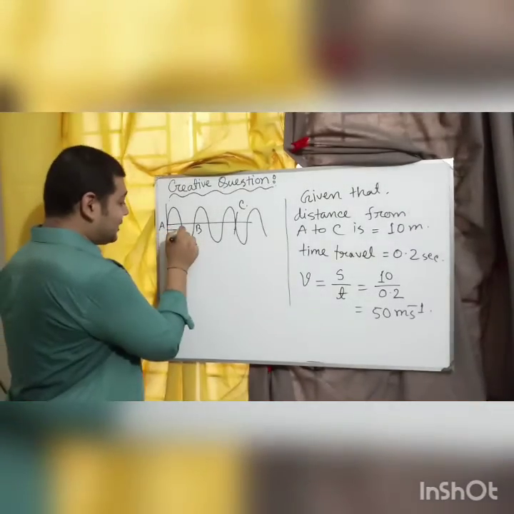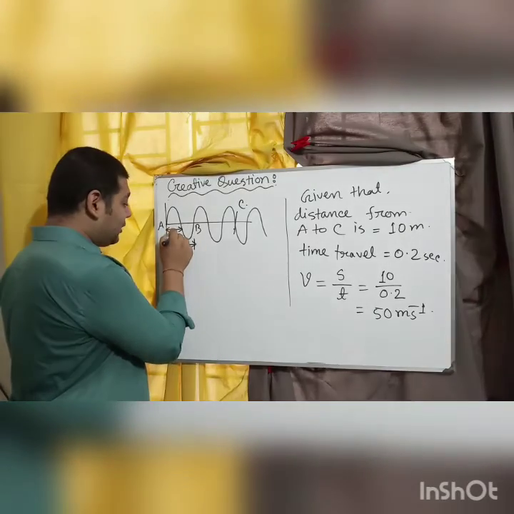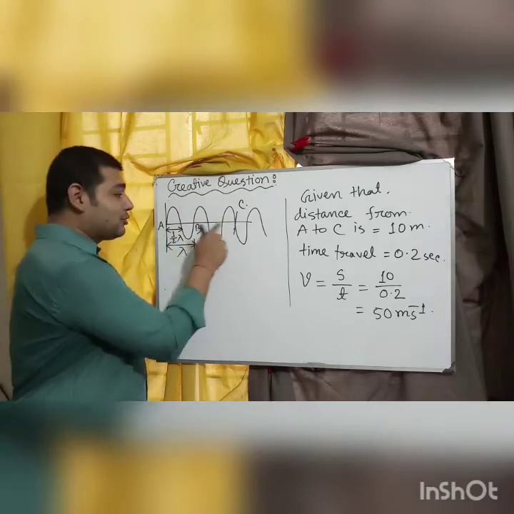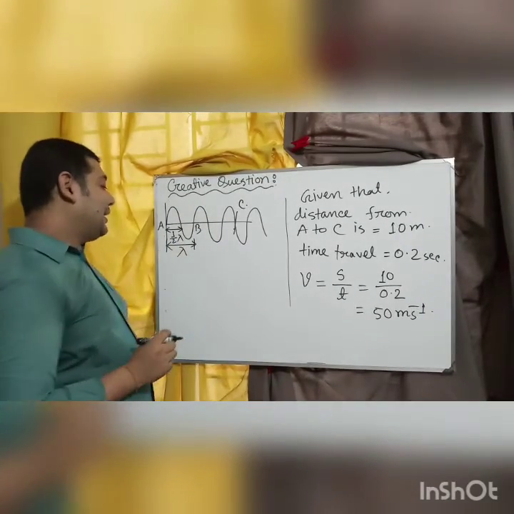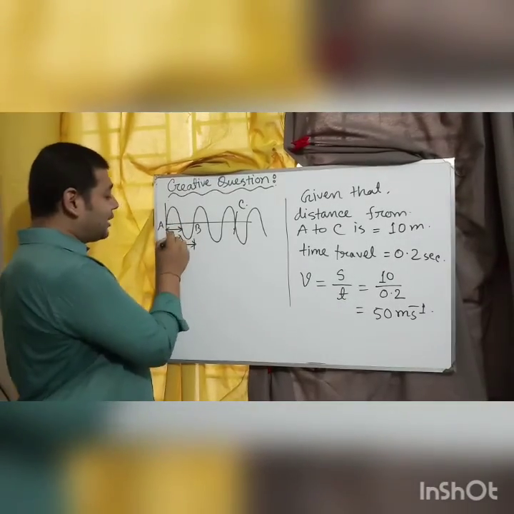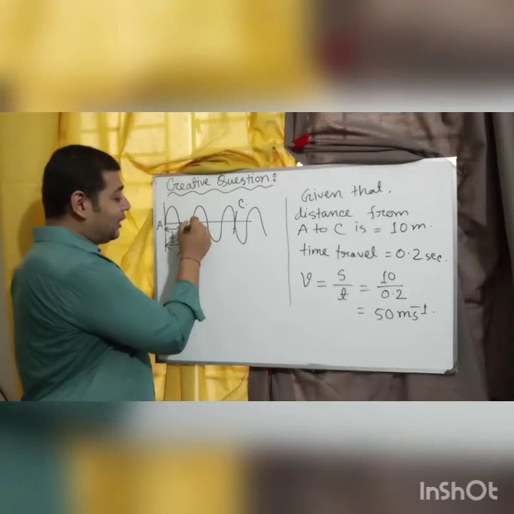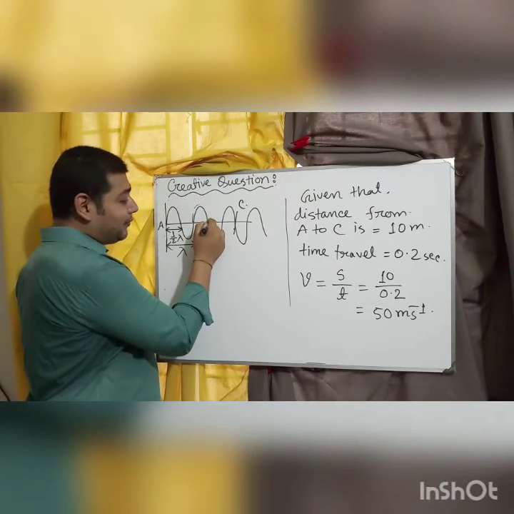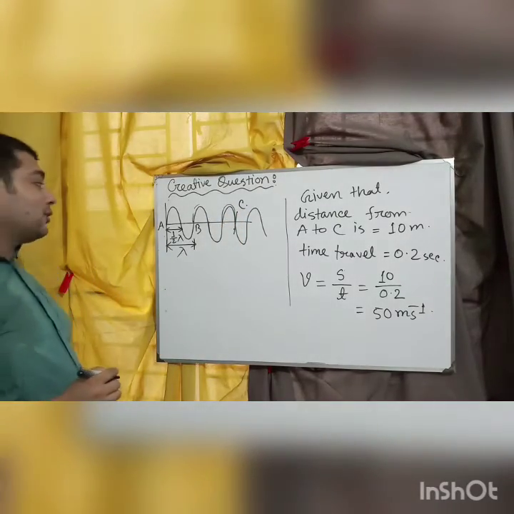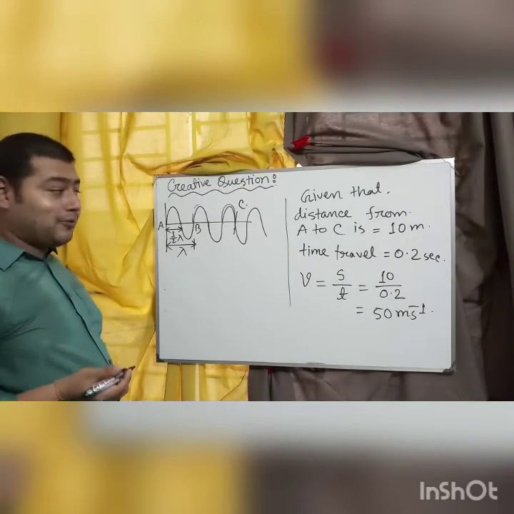This distance is half of the wavelength, half of lambda. To travel from A to C, it covers 5 times half of lambda. This is 1/2 of lambda, this is 1/2 of lambda, this is 1/2 of lambda, this is 1/2 of lambda, and this is also 1/2 of lambda. So 5/2 of lambda is 2.5 lambda.